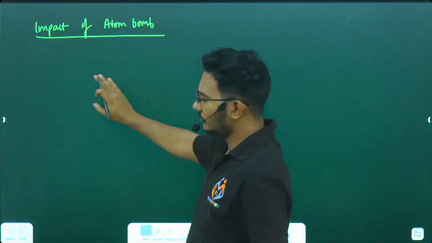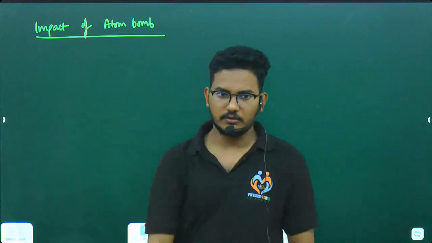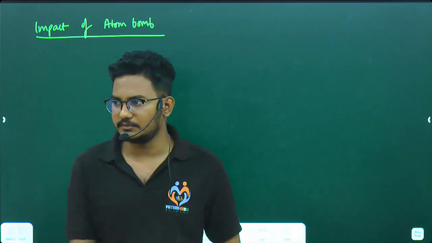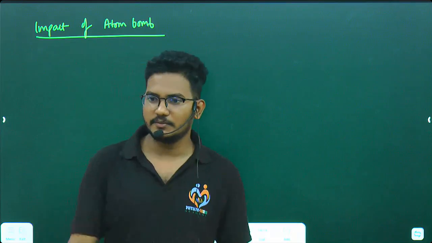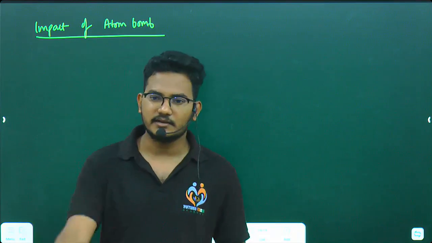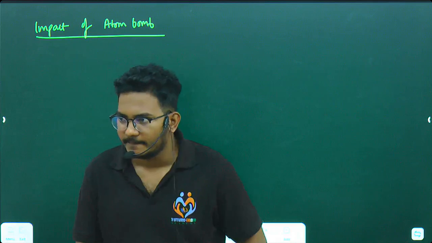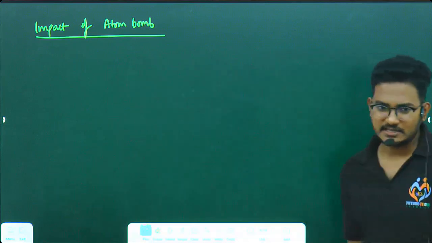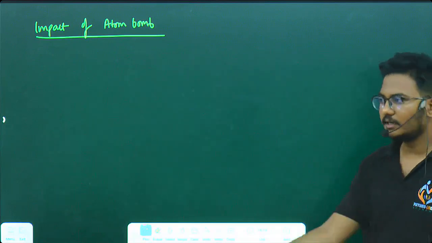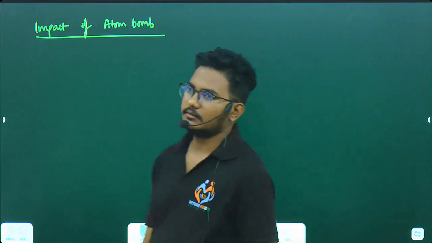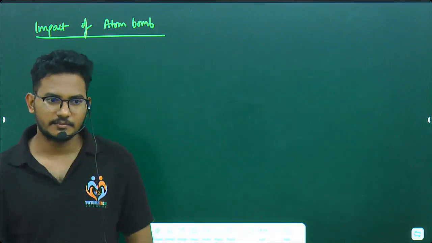Today we'll complete this topic, and from tomorrow we'll start the remaining topics. After 3 days, 3 topics will be done, and then I'll start with space technology. Energy is the largest chapter here. Once energy is done, all remaining chapters are simple and short, not that lengthy.